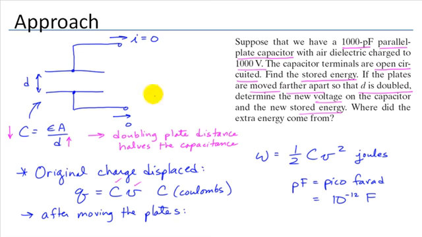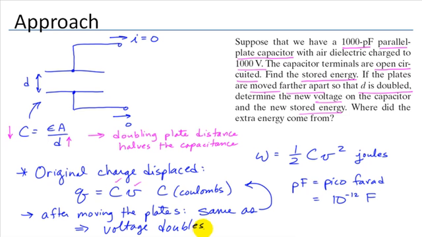Now what happens after we move the plates apart? Current is not allowed to flow because the capacitor is open circuited. That means the charge displacement on the plates remains exactly the same. Well, something has to change here, and the thing that's actually changing is the capacitance and the voltage.